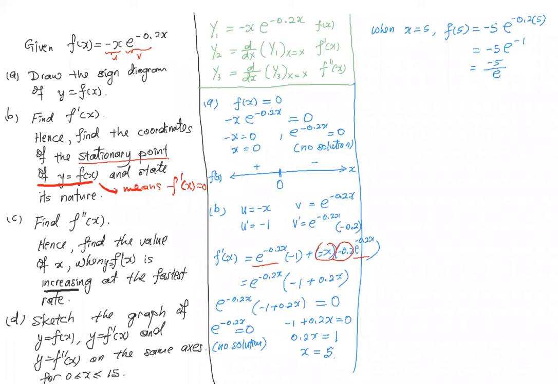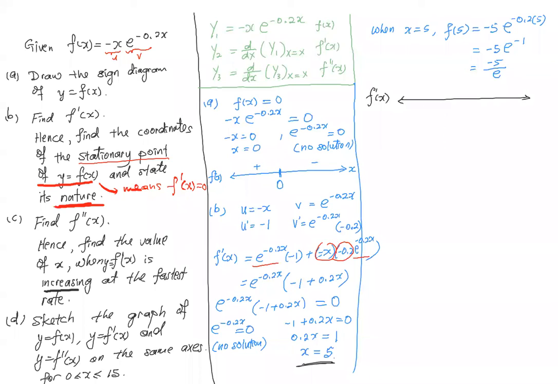So if you want to know the nature of the stationary point of f(x), you must draw the sign diagram of f prime x. So we have to be very specific. So when we want to draw a sign diagram for f prime x, we know what is the x value that makes the f prime x equal to 0, correct?